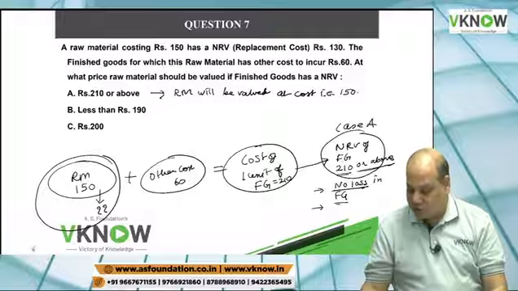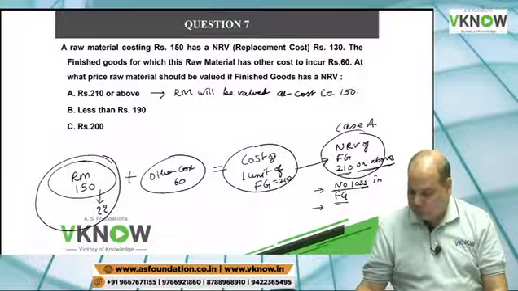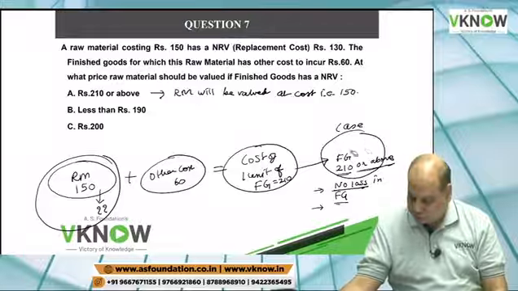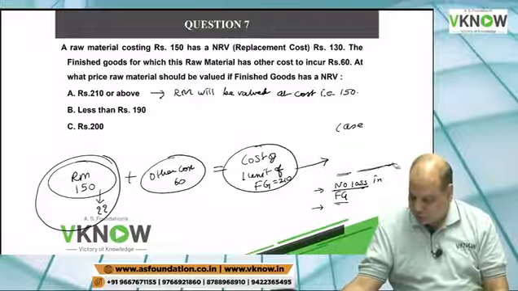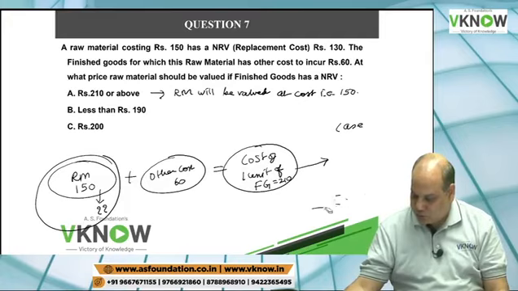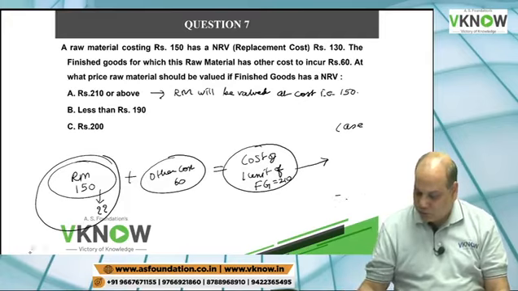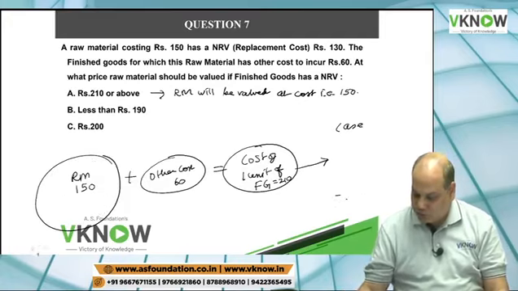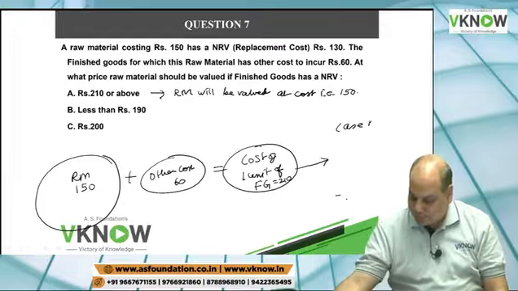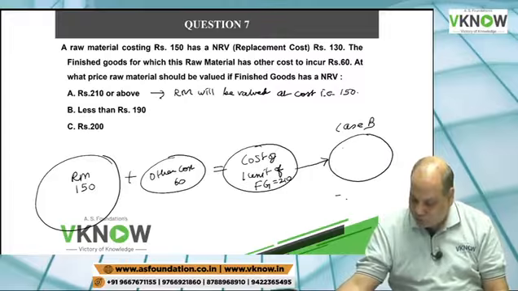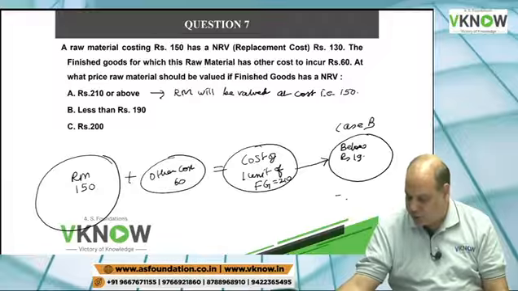Now I will change it to case 2. Case 2 says raw material will be used in manufacturing finished goods, and finished goods will be sold below rupees 190.